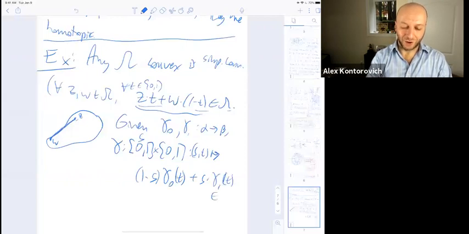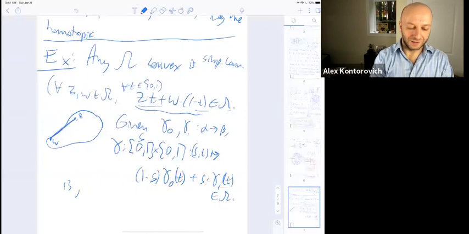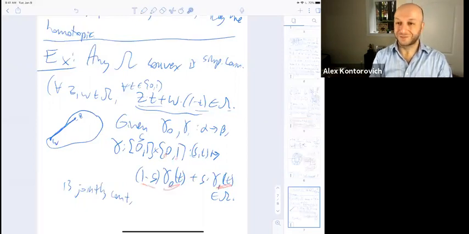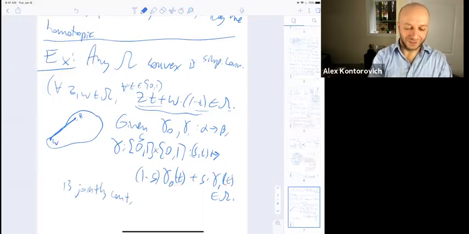That will always be in omega. These are continuous functions, jointly continuous, and it has the right endpoints because it's linear combinations of fixed endpoints at 0 and 1, and hence it is a homotopy.